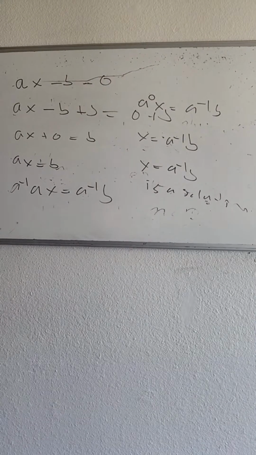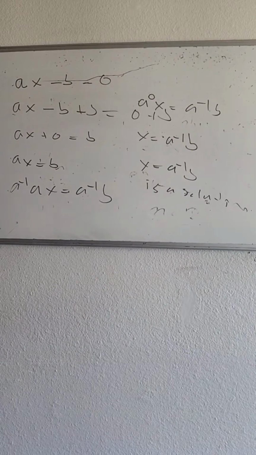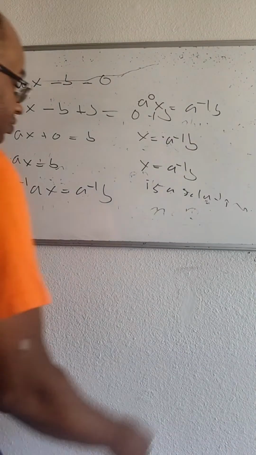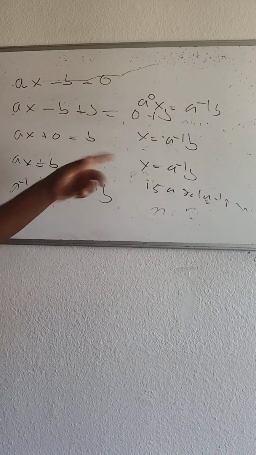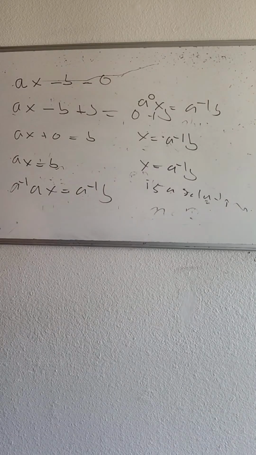What we just proved here is that there exists a solution to this linear equation such that x equals a to the negative 1, the inverse, or 1 over a, times b.